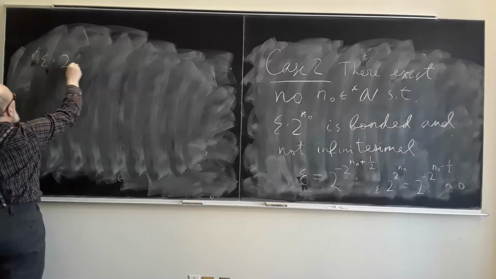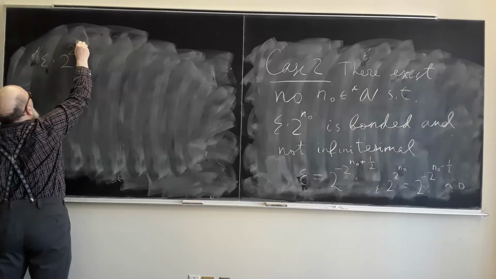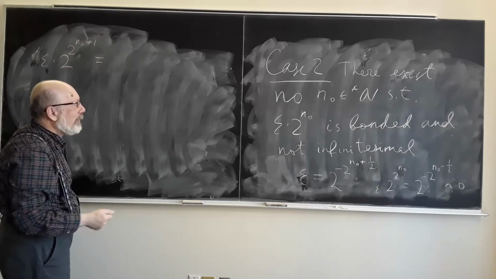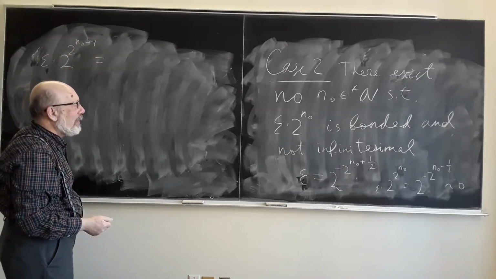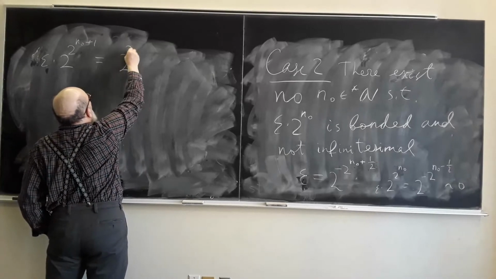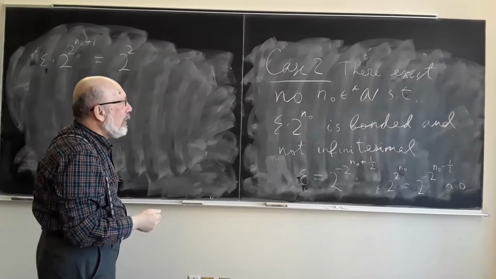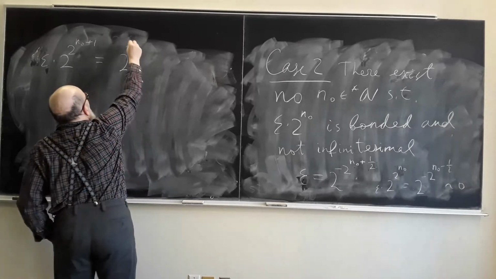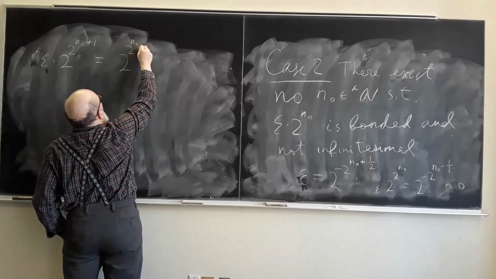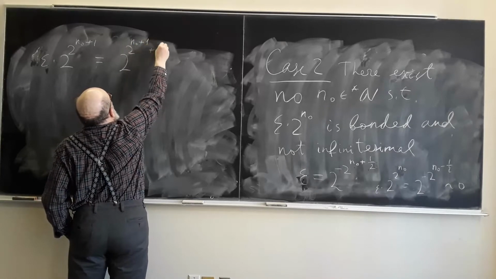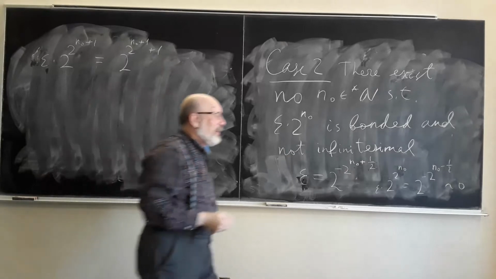epsilon times 2 to the power 2 to the power n0 plus 1 equals 2 to the power 2 to the power n0 plus 1, for example.